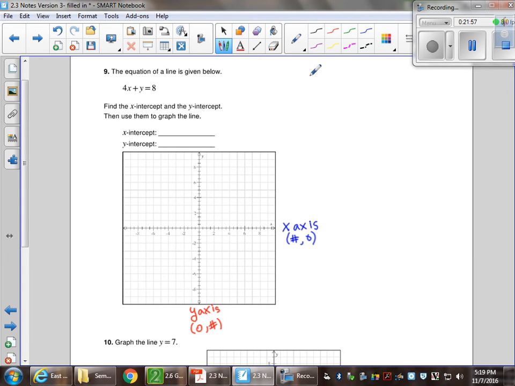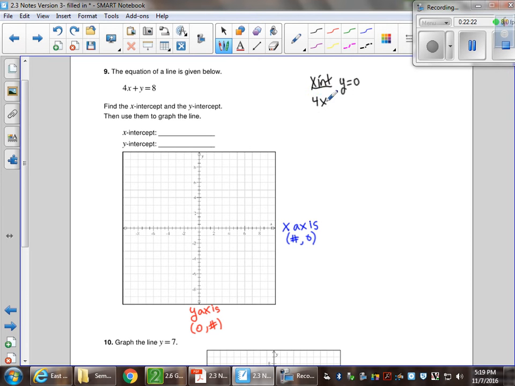Well, let's do the x-intercept first because that's what's listed first. To be an x-intercept, what has to be 0? X or y? The y value needs to be 0. So I'm going to let y equal 0 and see what happens.